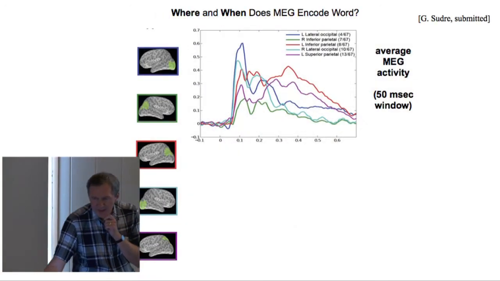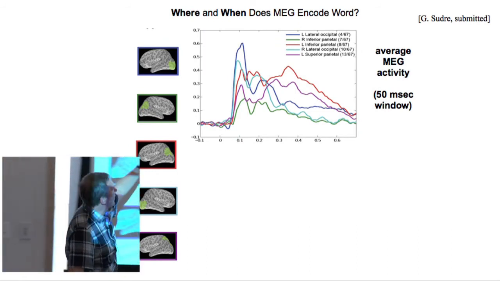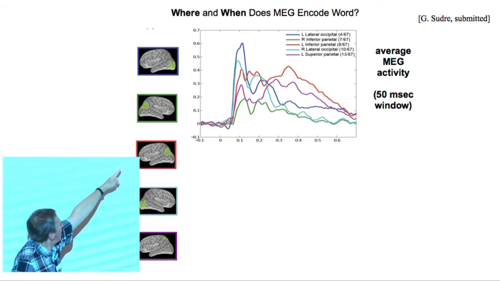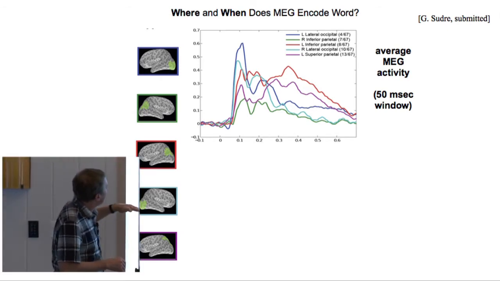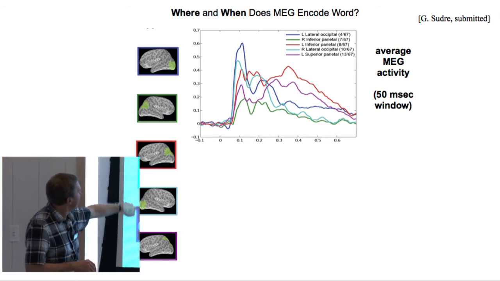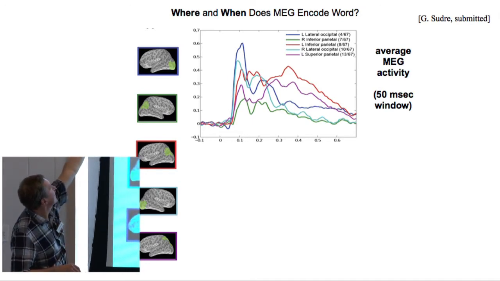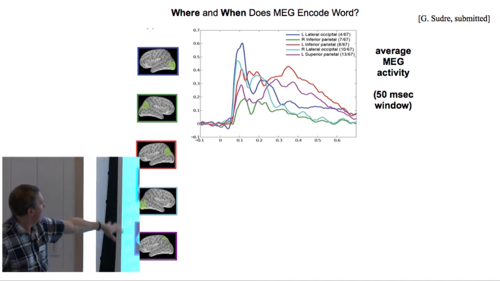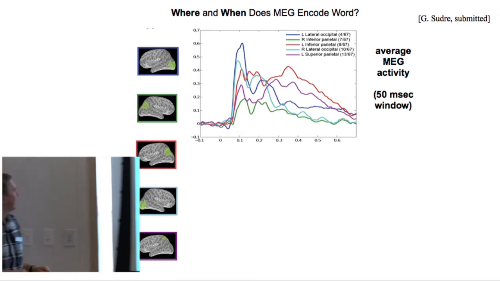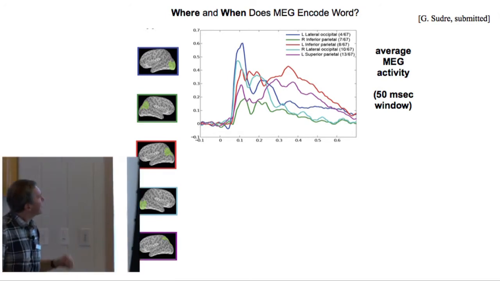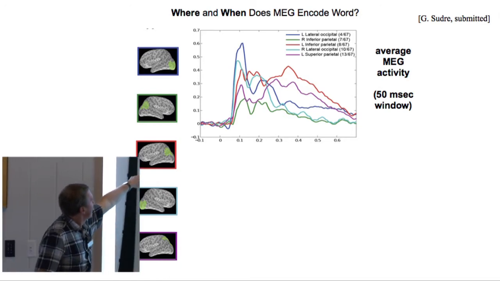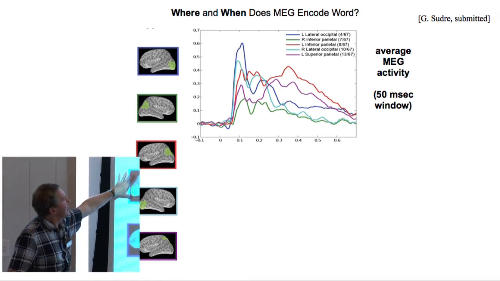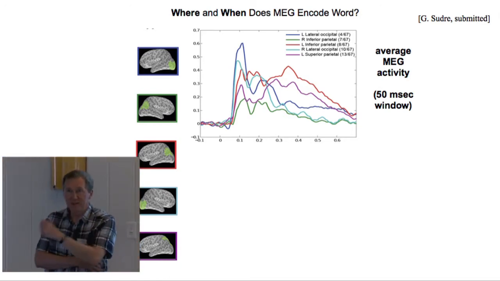So here is a plot, again, of the first up to 0.6 of a second, so 600 milliseconds. And these different curves show, in each of these selected regions, mostly parietal and occipital and more superior regions, the color of the border of the region here corresponds to the color of that plot.